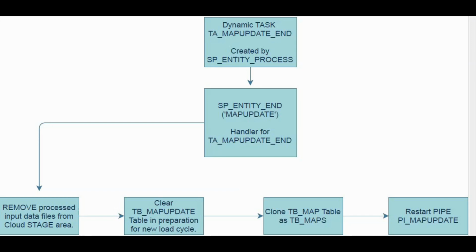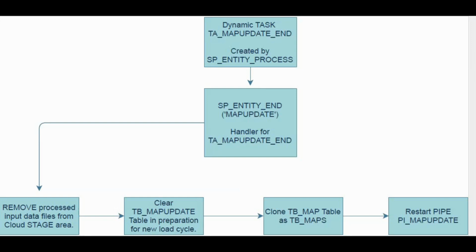Then we use the Snowflake clone command to create a zero-copy clone of the updated map target table. This is a point-in-time snapshot which provides a version of the table that won't be affected by in-process updates for query access by consumers. Last, we restart the Snowflake pipe so that new source input data files can be ingested.